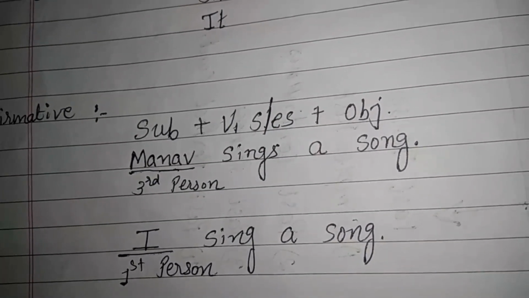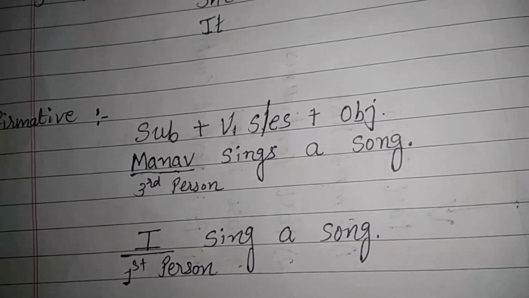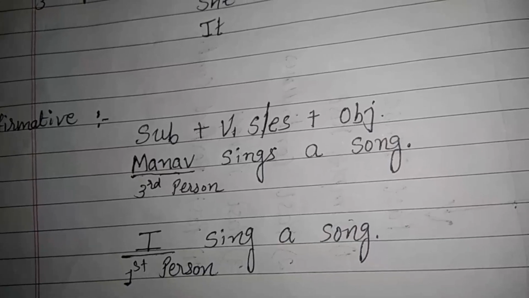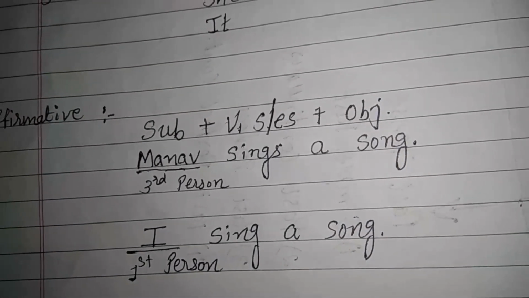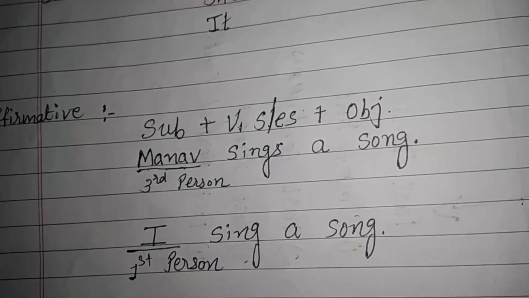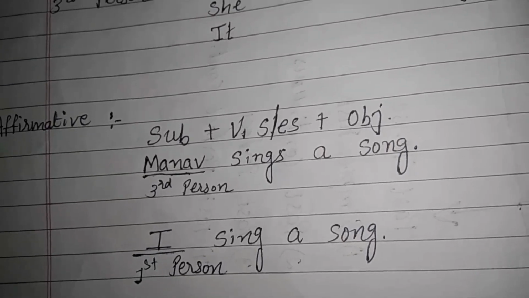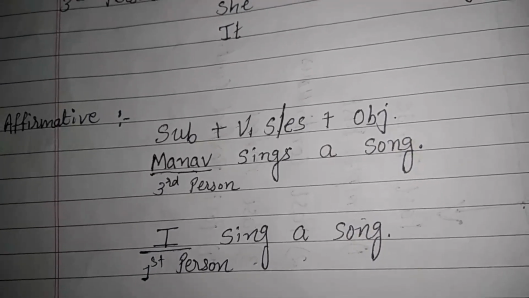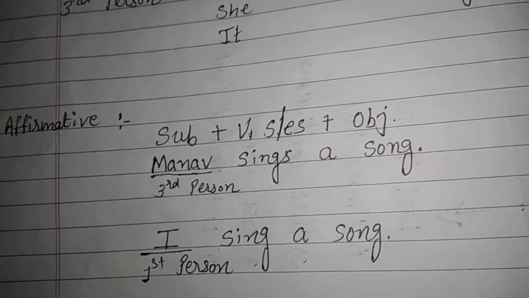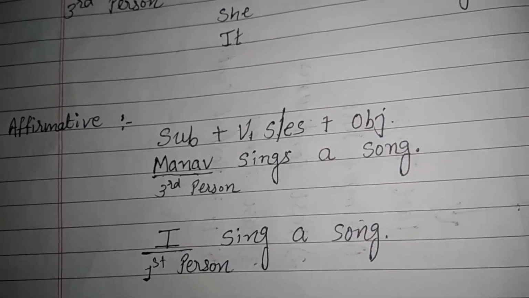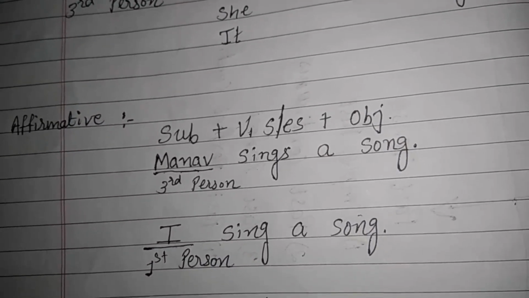But we will not use s or es after the verb if the subject is not third person singular. You can see the first sentence, Manav sings a song. I have added s after the verb because Manav is the third person singular. The second sentence is I sing a song. Here I have not added s after the verb because I is not the third person. I is the first person.